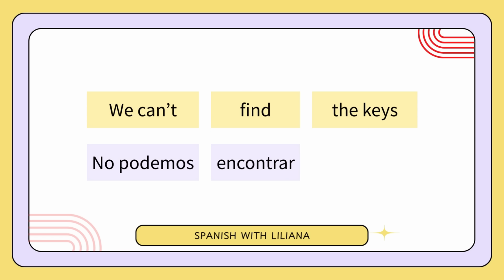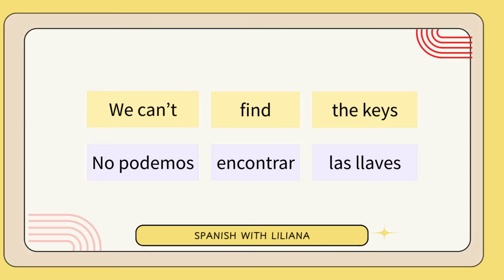In Spanish, the modal verbs don't work the same way as in English. We still conjugate them like any other verb. No podemos encontrar. And how do you say the keys? Las llaves. No podemos encontrar las llaves. We have to make sure that the articles we use in Spanish match the gender and number of the noun.